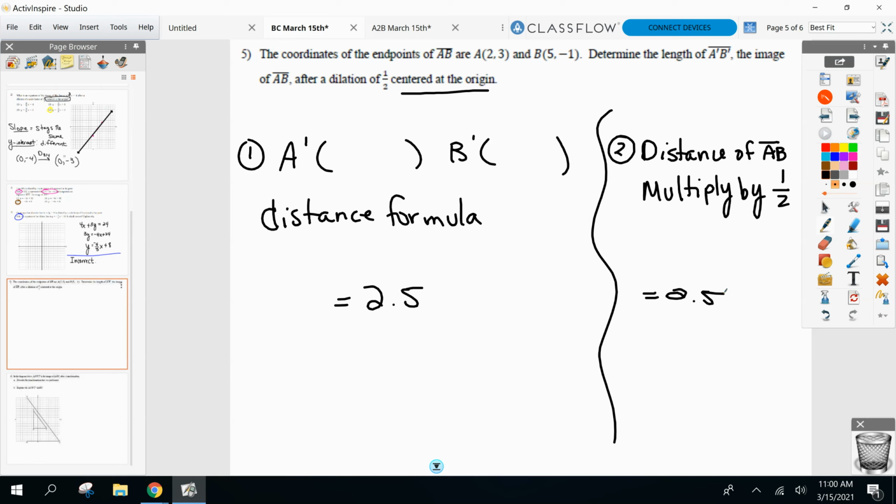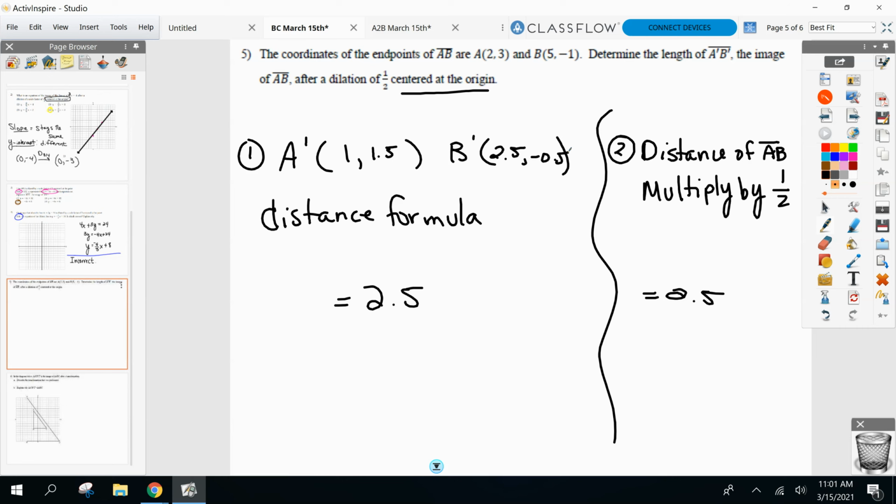Okay, so you should have said A prime was 1 and 1.5. B prime should have been 2.5, negative 0.5. That's what I got for A prime and B prime. I put down 1/2 for the first coordinate of A instead of 1, but even so, I don't know if.